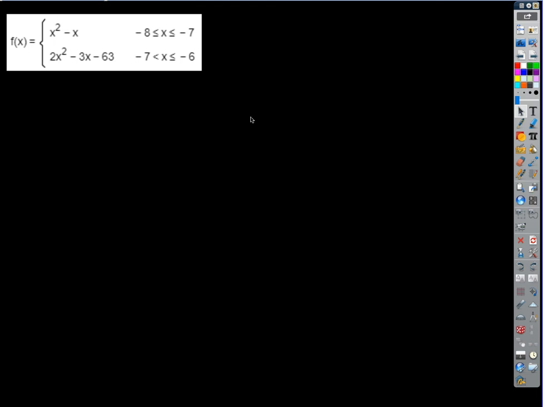Same deal. Does the mean value theorem apply on the interval from -8 to -6? Let's see. I think I wrote down the interval. That's the interval. Okay, so first of all, is the function continuous?